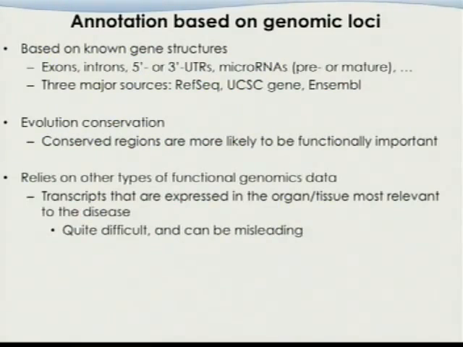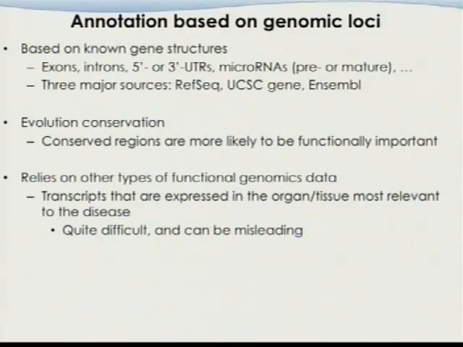And the third part relies on other types of functional genomics data. So these are known gene structures, evolutionary conservation, and some other types of functional genomics data. That includes the transcripts that are expressed in organs or tissues most relevant to disease, and that is one way to help you narrow down which part of the variation is important.